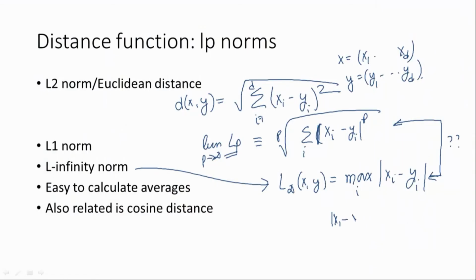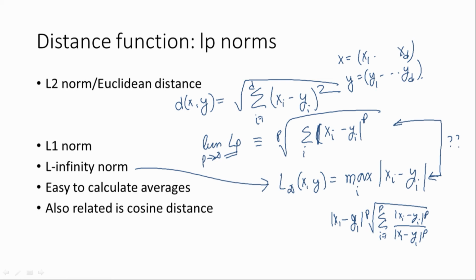Let's say I'm taking out x1 minus y1. Then the remaining sum becomes summation over i of xi minus yi to the power p divided by x1 minus y1 to the power p. Each of these terms is less than 1 because it's divided by the maximum by definition.